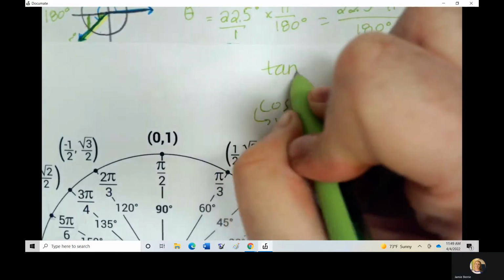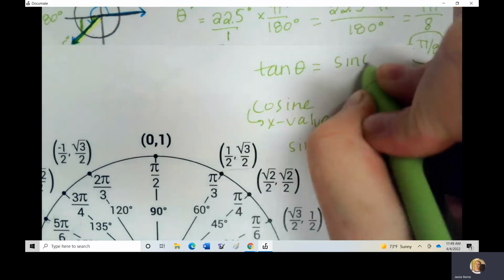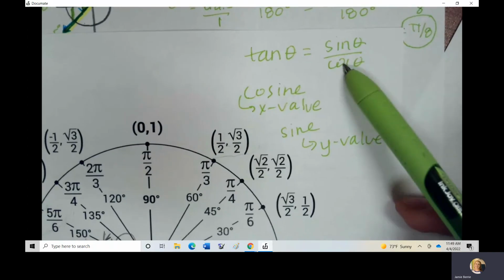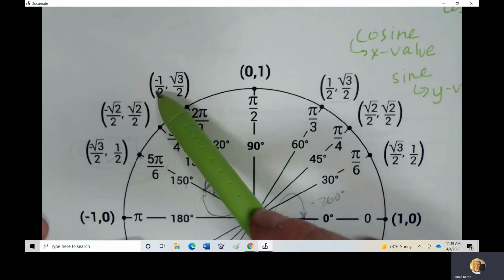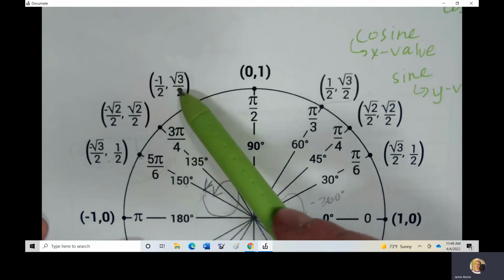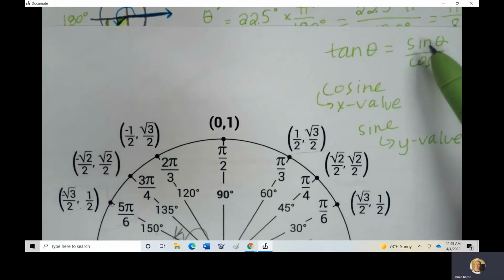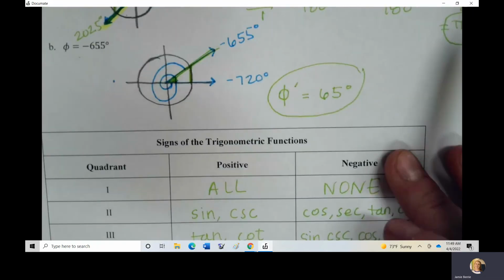And since tangent is just sine over cosine, that would be a positive number over a positive number, which is still positive. So I went through and did that for every quadrant. So here you can see cosine is negative, sine is positive. That means that tangent is going to be positive over negative, which is negative. All right, so I did that for every quadrant.